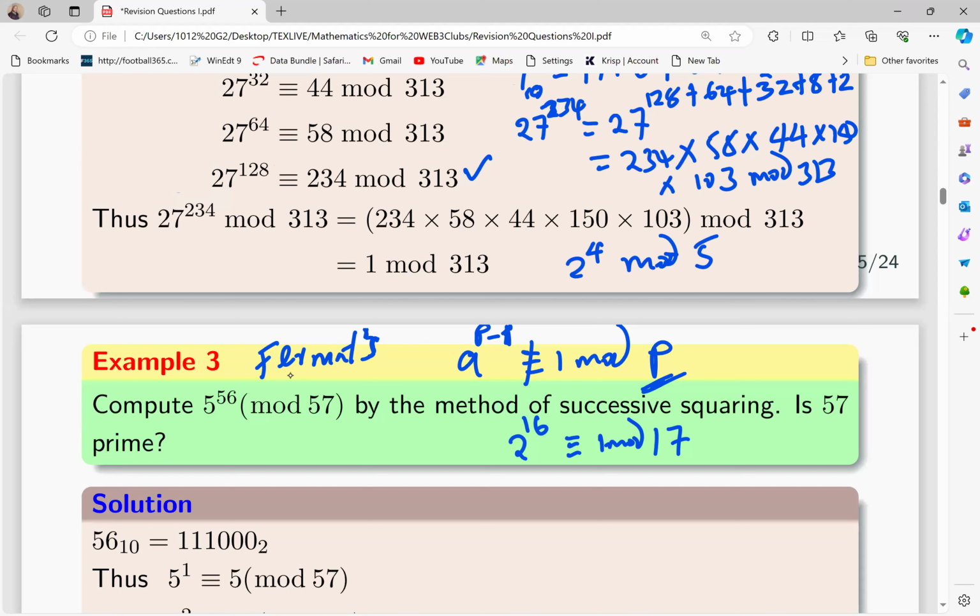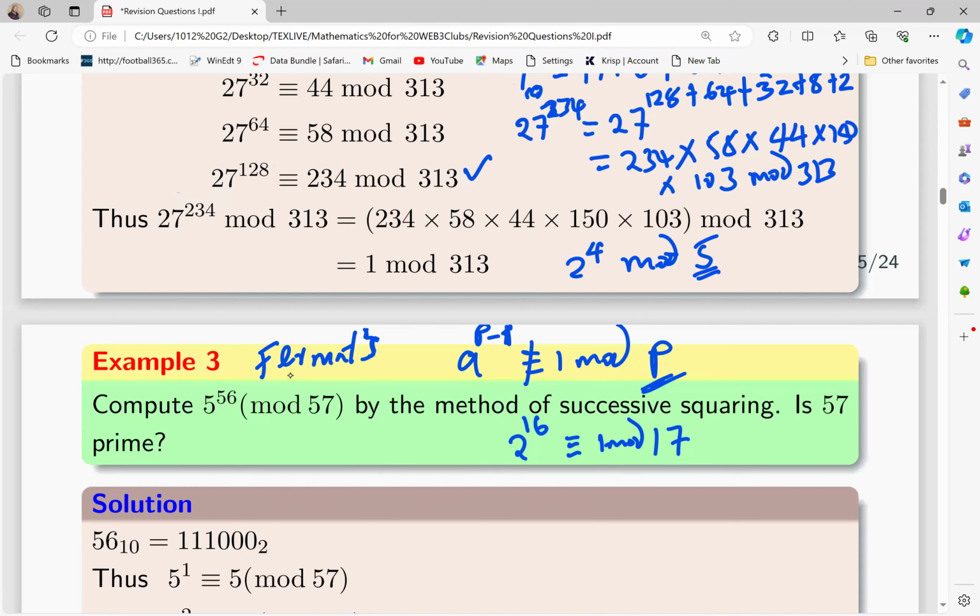Any number which P cannot divide, a smaller number, smaller than P. So for instance, I know that 2 raised to 4 mod 5 would be 1 without even calculating, because this exponent is 5 minus 1, and 5 is prime.